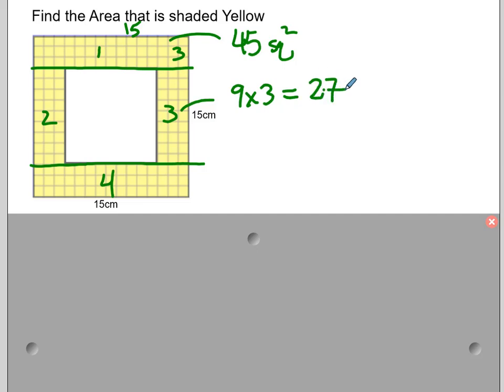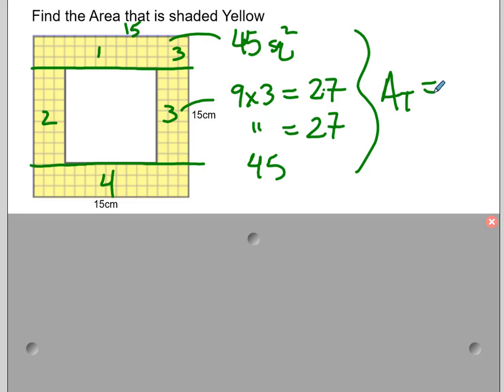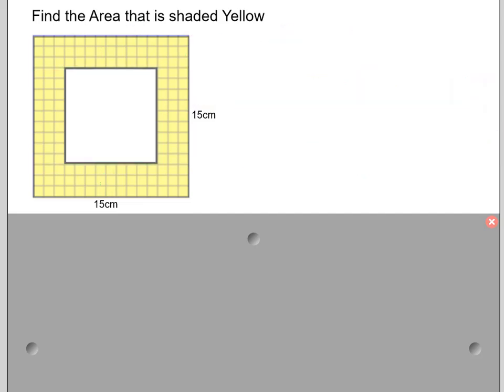So that would be 27. There would be another one on the other side is 27, and another one on the bottom of 45. And if you added all of those up, you would get a total area of 45 plus 45 plus 27 plus 27, that should be 144 square units, whatever they might be. So that's one option, okay, but that might not be our most efficient option.